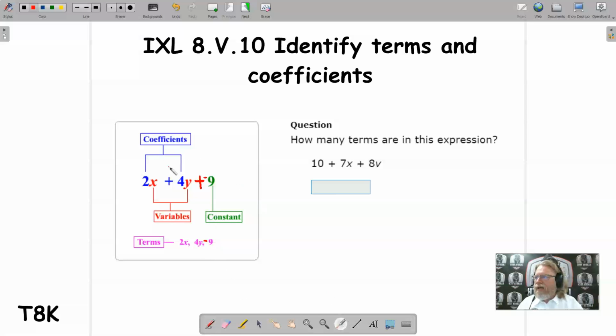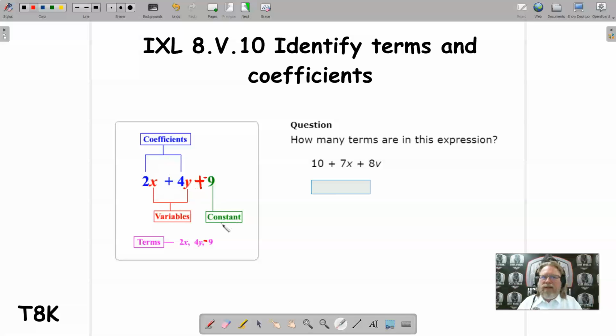And we learned that variables are a symbol that represent a value that can change. In mathematics, the symbols that we use for variables are letters, and they're lowercase letters. So this x and the y, those are the variables that we have.